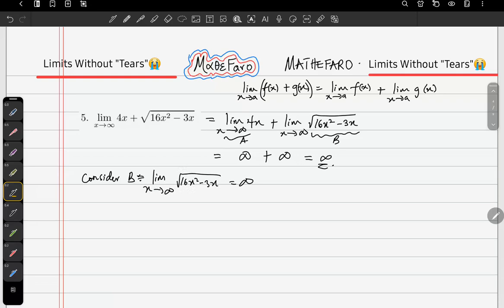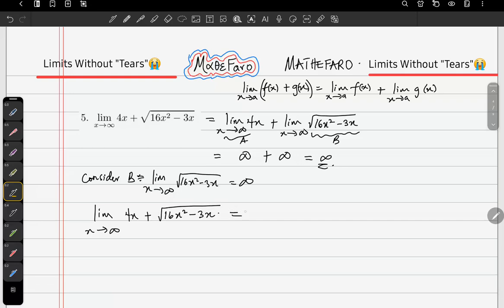Another way to look at it is to just use the usual trick of factoring out the highest value. Let me rewrite it. The limit as x goes to infinity of 4x plus the square root of 16x squared minus 3x.